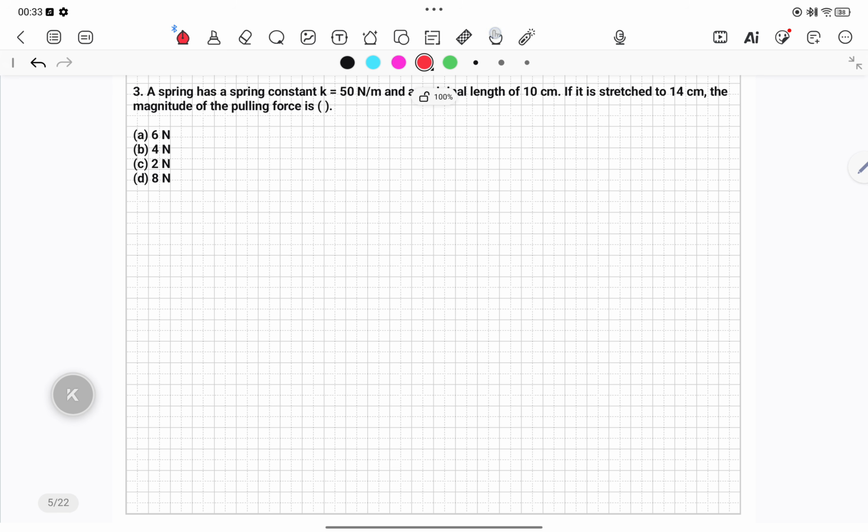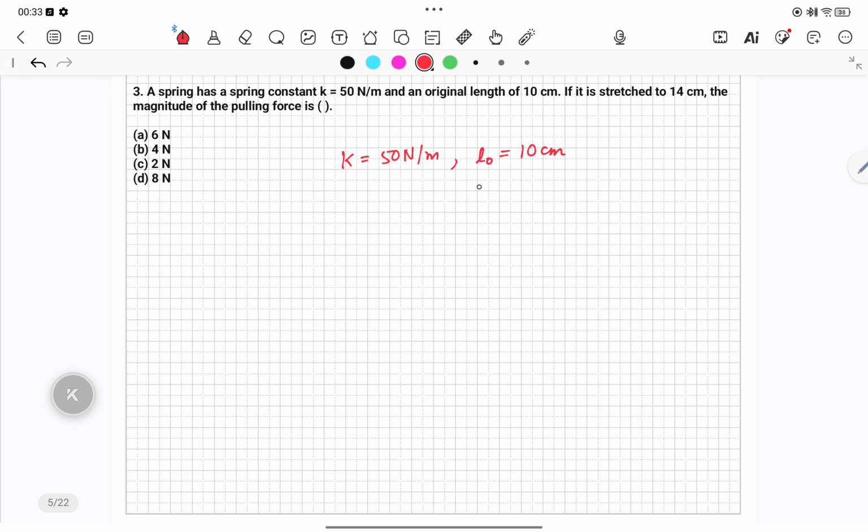Question number 3. A spring has a spring constant K of 50 Newton per meter and an original length of 10 centimeter. If it is stretched to 14 centimeter, the magnitude of the pulling force is. Here, spring constant K is given as 50 Newton per meter and the original length, suppose L naught is the original length, is given as 10 centimeter.